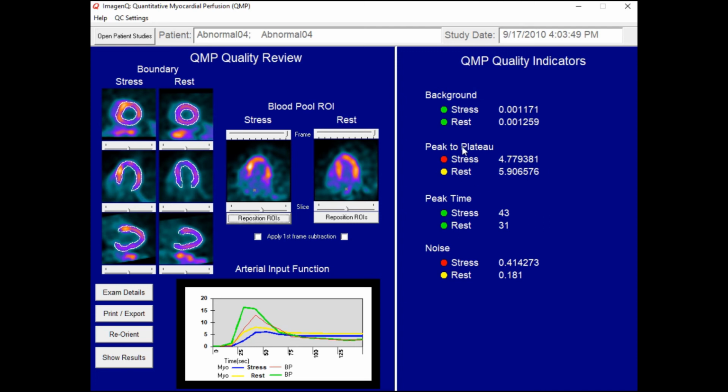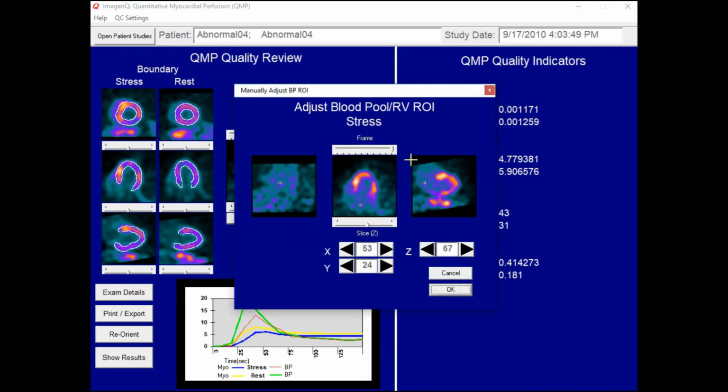The next thing, the peak to plateau, which again is the ratio of the peak activity in the blood pool to its equilibrium value at 2.5 minutes. We want to confirm when we see these lights that we have identified the blood pool ROI well. And as you can see in this frame here, we can see the blood pool very nicely separated by the septal wall in the right and the left heart, and our left atrium very well visualized behind the left ventricle.